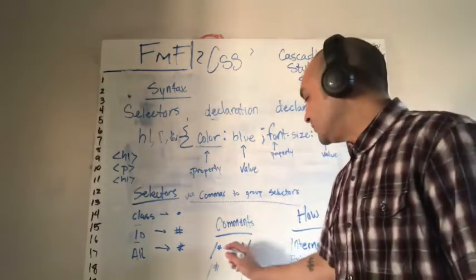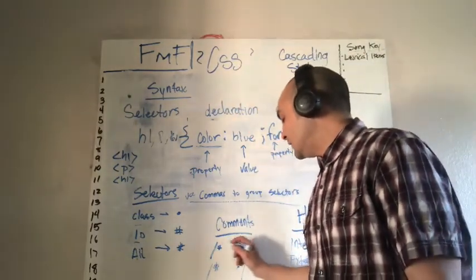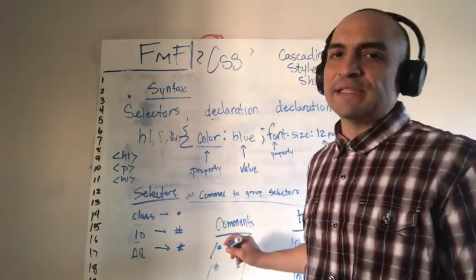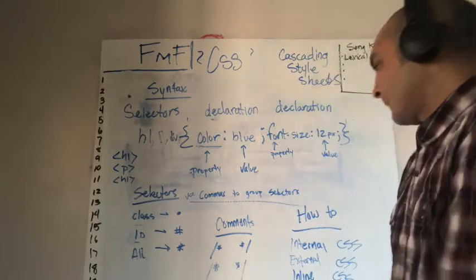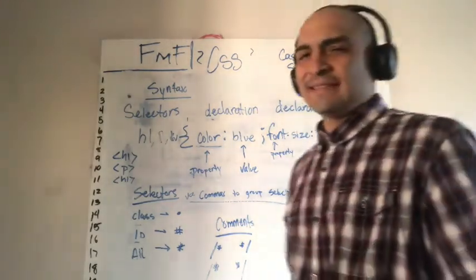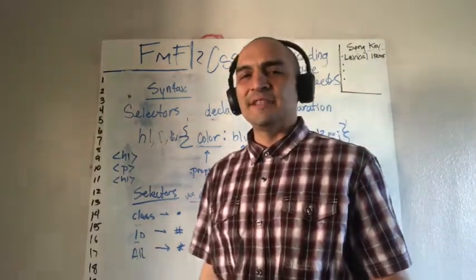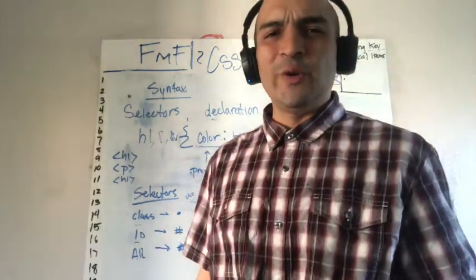Anything inside of these two strings is going to be considered a comment and not part of your code. Important, same thing as with HTML: you've got to use as many comments as you can to help describe what you're doing inside your code.